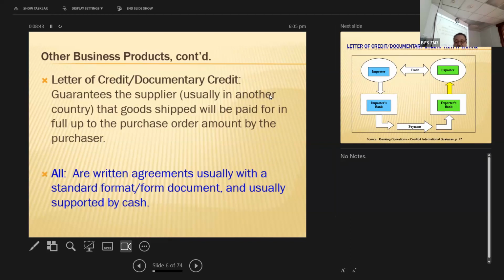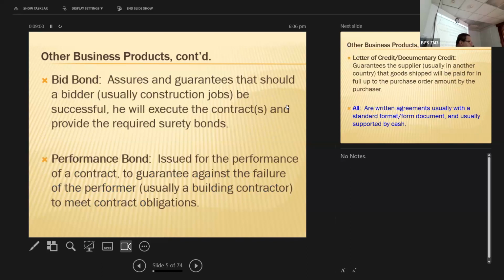We said that all of these are written agreements, usually in a standard format or form document, and usually supported by cash. Now, one of them may be supported by real estate, and that was the performance bond. Normally that would be done in cases like subdivision developments, where the government would hold a few of the properties equivalent to the cost of putting in the infrastructure.